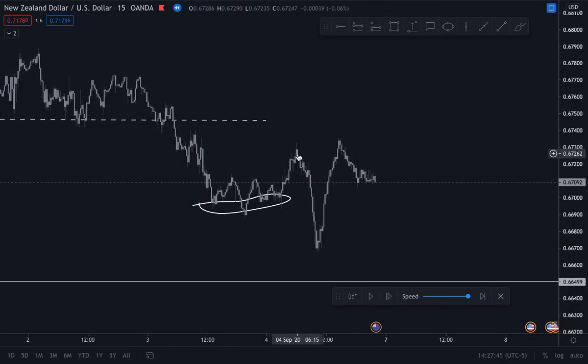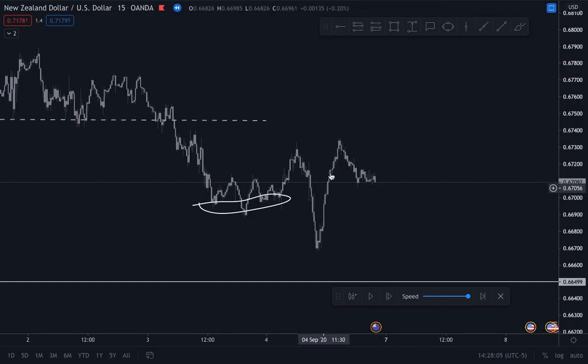This is what we would call 100% retracement, because it came down very aggressively and then it retraced 100% of the amount that it pushed down.